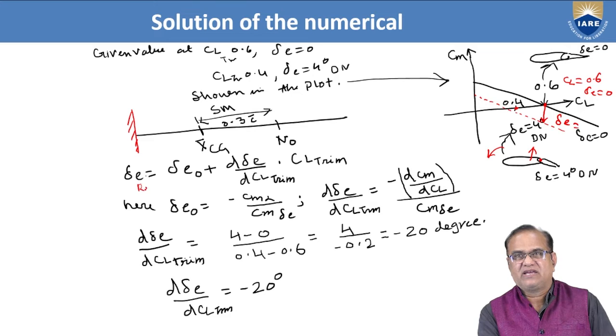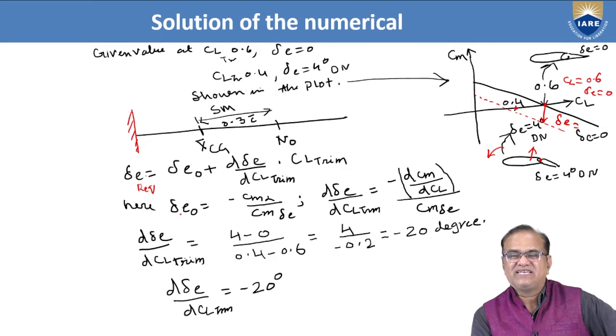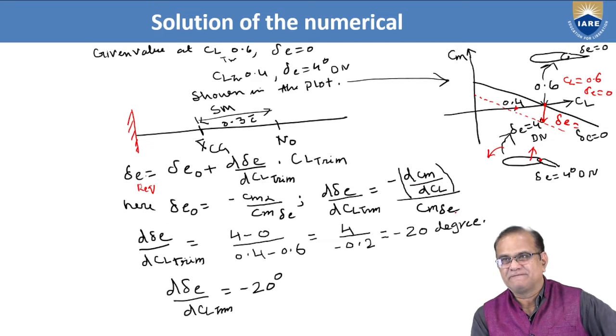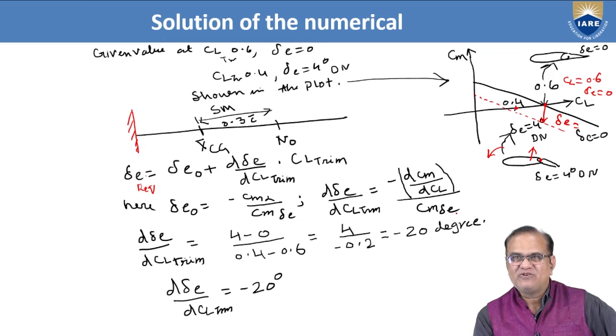Delta E required is equal to delta E naught plus d delta E by dCL trim into CL trim. So here delta E naught is equal to minus Cm alpha by Cm delta E, and d delta E by dCL trim is equal to minus dCm by dCL divided by Cm delta E. So now I have to find out d delta E by dCL trim.